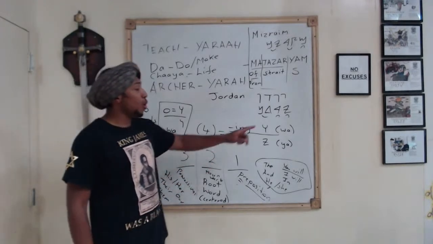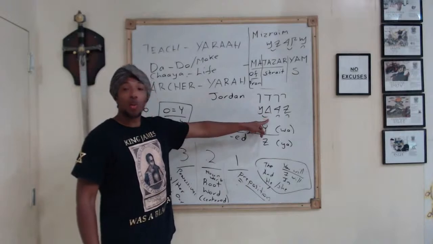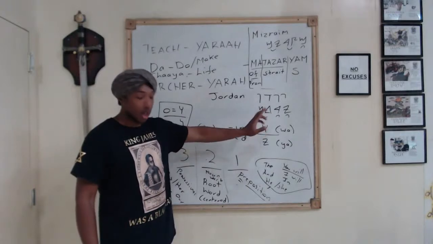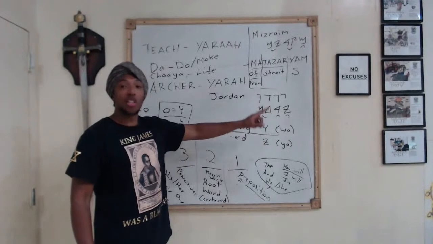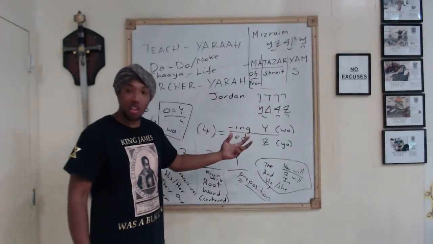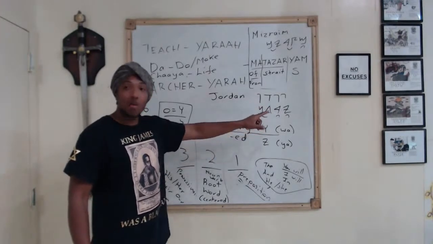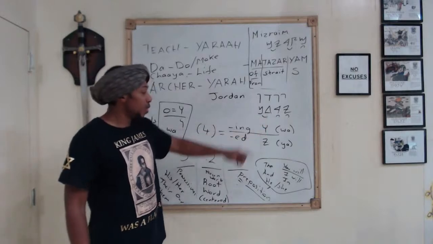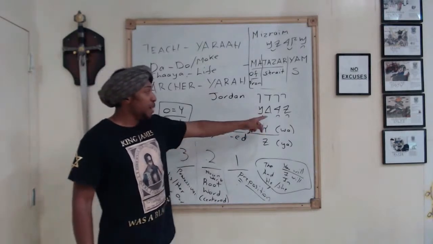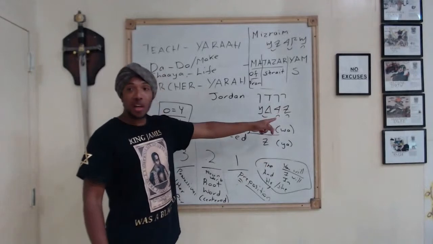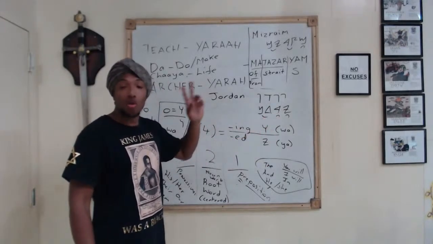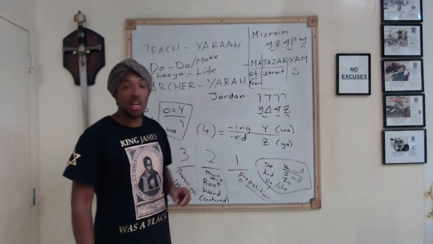When you see a word that has more than one, like it has an additional 1 character on top of these 2 or 3, then that's something that can be broken down. All right? So Jordan in Hebrew has 4 Hebrew characters. A root word is 2 or 3 Hebrew characters.